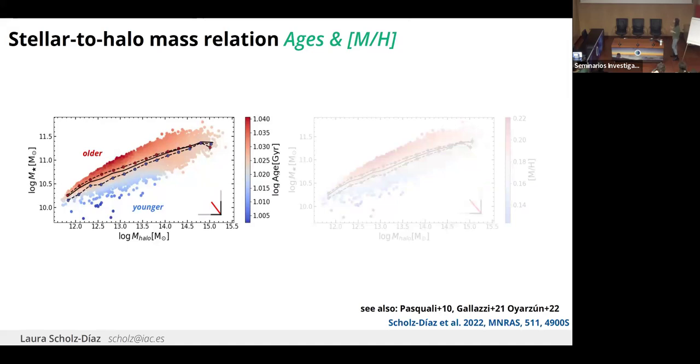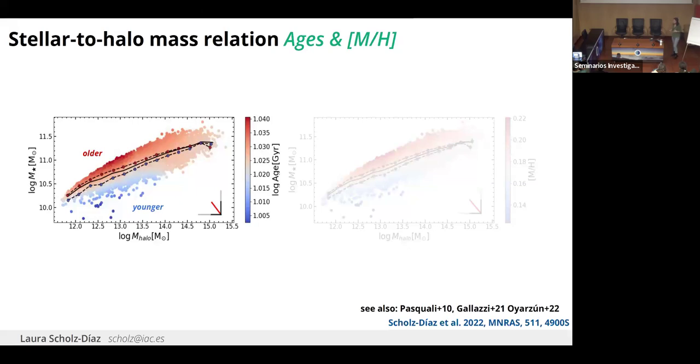So when we fix the halo mass of the galaxies, we recover the well-known correlation of the stellar population parameters, and we see how more massive galaxies are older, less massive galaxies younger. What is more interesting is that if we fix the stellar masses of the galaxies, for galaxies of the same stellar mass, if they reside in halos of different masses, they have different stellar populations.